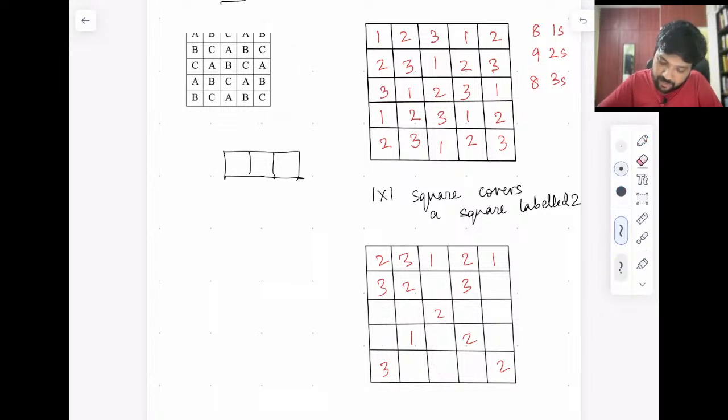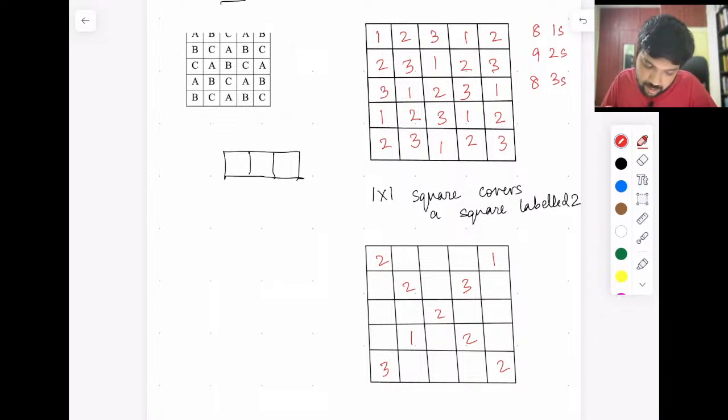I think when we reflect, we should go in opposite order. I thought reflection should work. Or maybe I should have rotated the coloring. Yeah, it's reflect, I think.